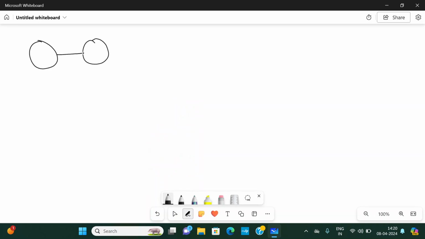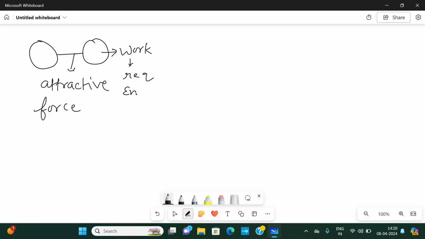These particles have some attractive force between them. This attractive force may be gravitational force or electrostatic force. If we want to separate these particles apart, we have to do work against this attractive force, and to do that work, we require some energy.